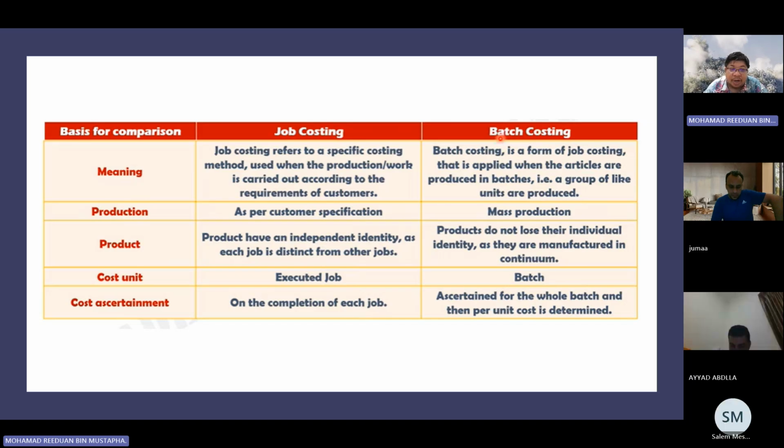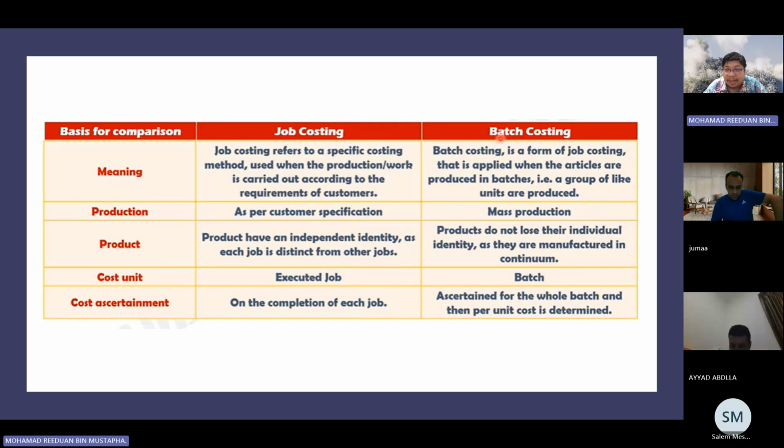So production as per customer specification is job costing, and batch costing is like mass production based on your capacity. That's why mass production is very profitable, because they can reduce the cost per unit.